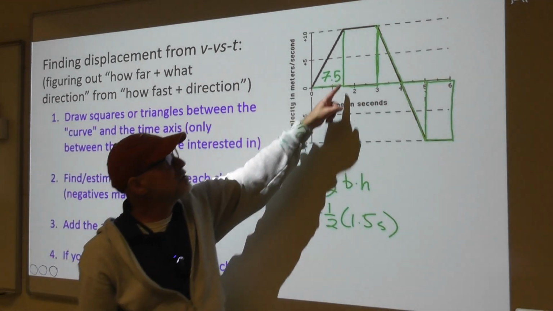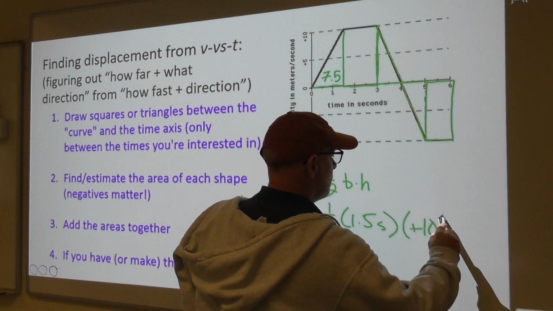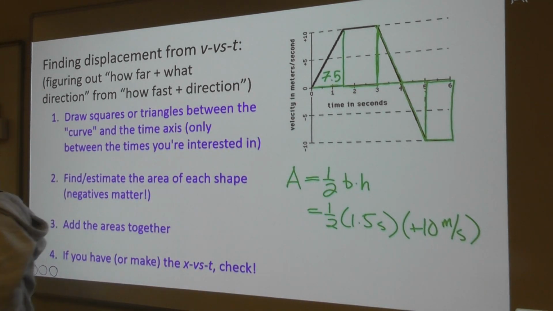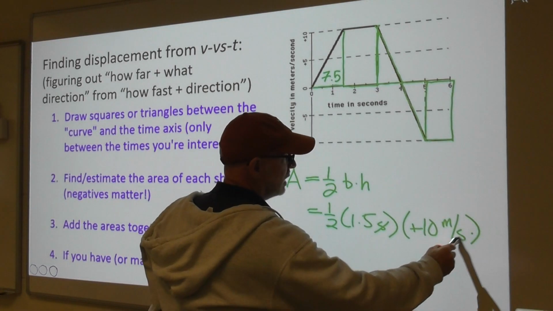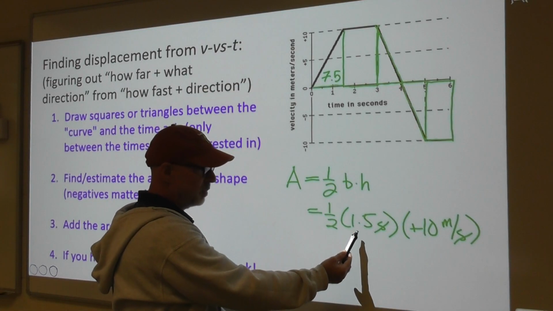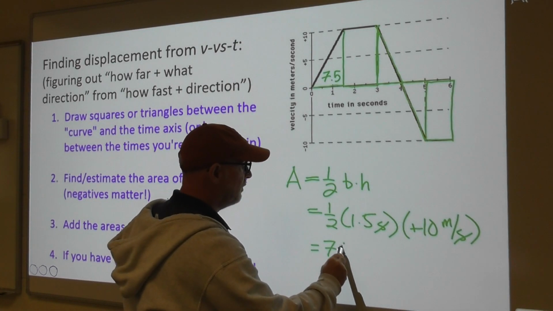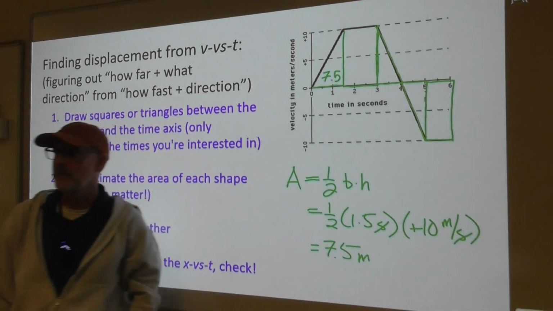The height of this triangle is positive 10 meters per second. Remember dimensional analysis from chemistry? The seconds cancel here. So we get 1/2 times 1.5 times 10, that is 7.5, and the units are meters.